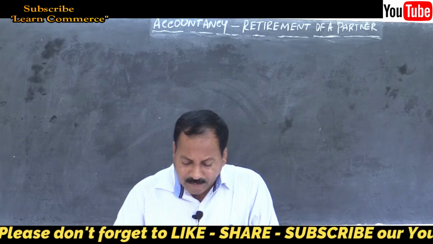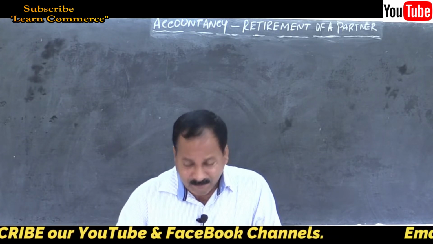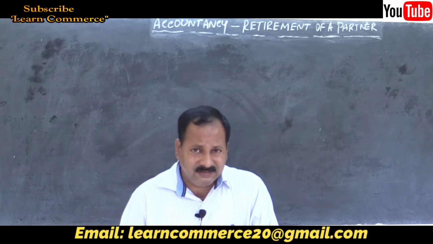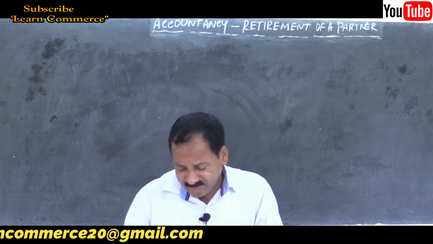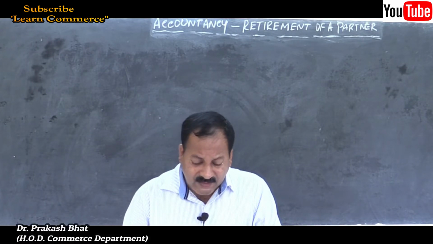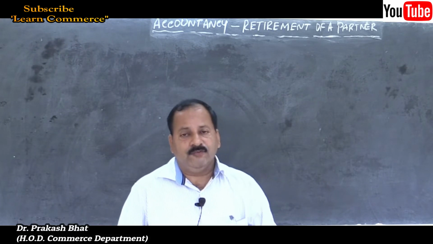Then refer asset side: cash, debtors, stock, buildings, patents. Patents is an intangible asset, so treat it at par with the tangible assets. Refer liability side: creditors, normal liability. Reserves, what should we do?